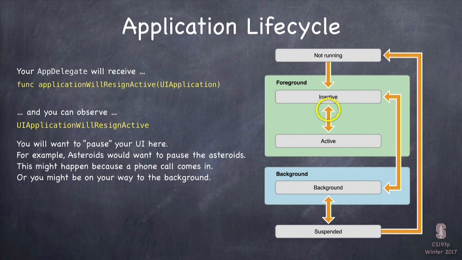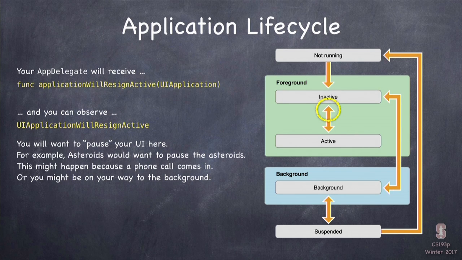You're going from being the active app where your UI is working to this inactive state. You're still in the foreground. Now, what causes this to happen? A phone call comes in. When a phone call comes in, your app kind of is in the background. You can't do any UI. It gets no events because the person's talking on the phone. But as soon as the phone call ends, you go back to being in the active state. You never went into the background. You were just foreground inactive.